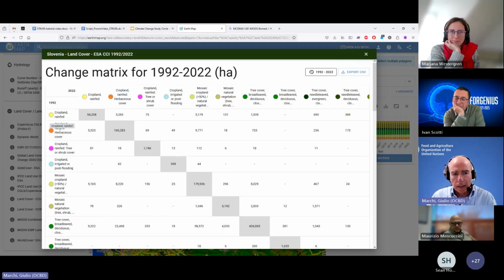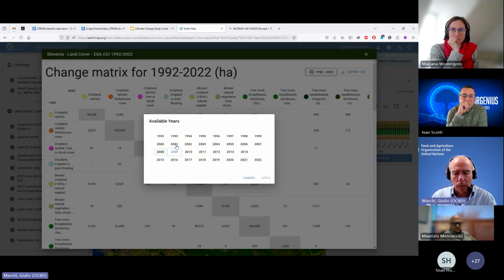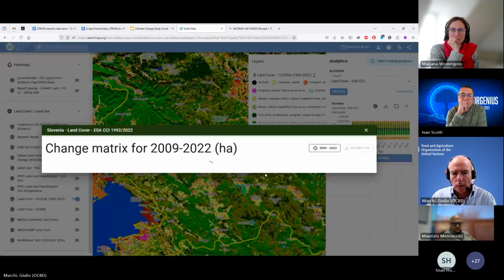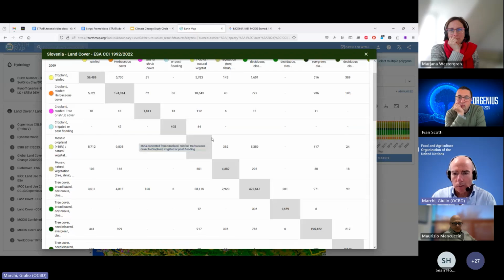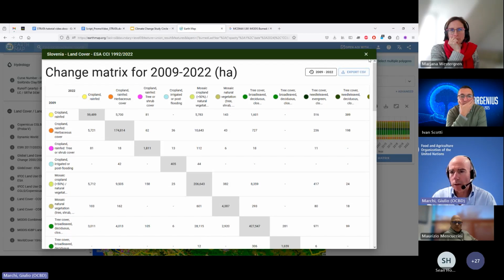And any other figure is the number of hectares that moved from one class to the other in this time period. You can select, let's say, from 2000 to 2022. Oops, I get 2009. Anyway, you can also set your period of time, and eventually have the custom calculation for that period. Export it and so on and so forth.